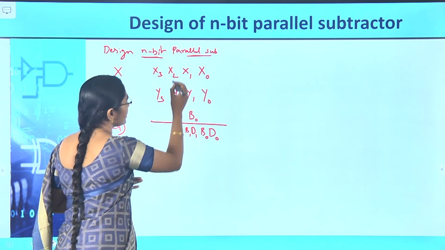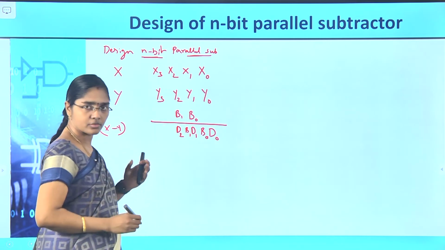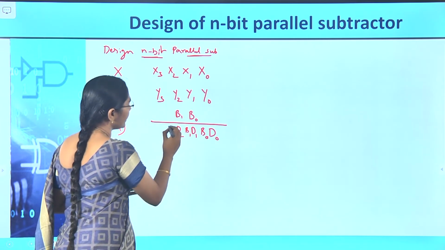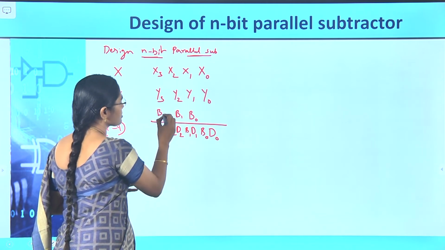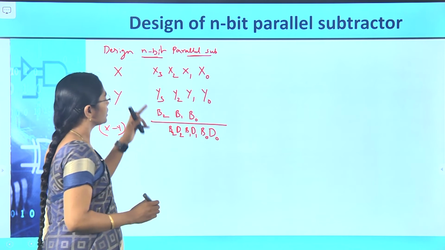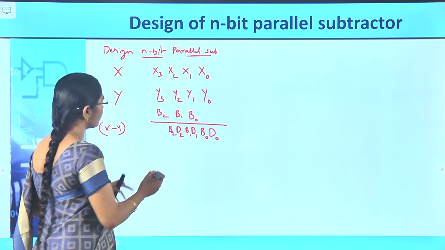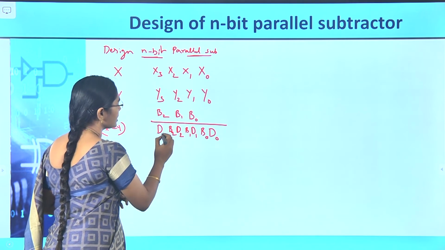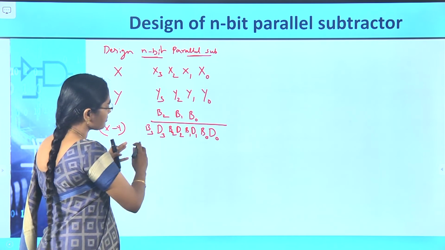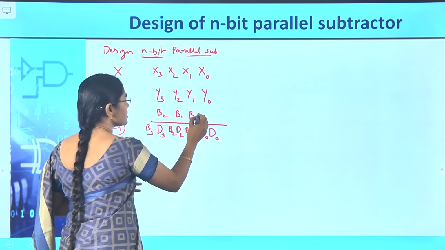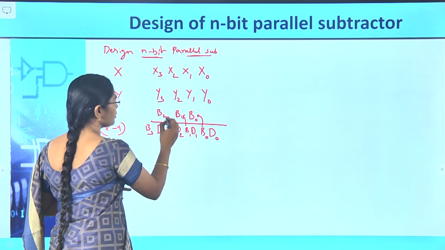Okay, then x2 minus y2 minus b1 will produce output as d2 and b2. That b2 is applied to the next column. So x3 minus y3 minus b2 will produce d3 and borrow as b3. So from this result, b0 is applied to the next column, b1 is applied and b2 is applied.